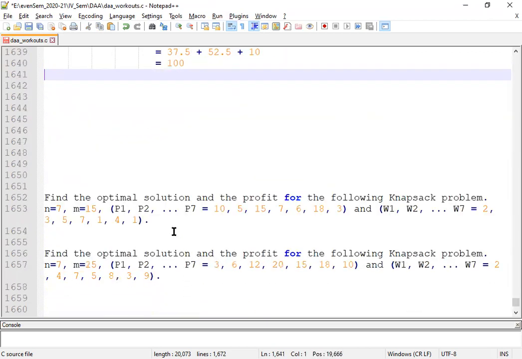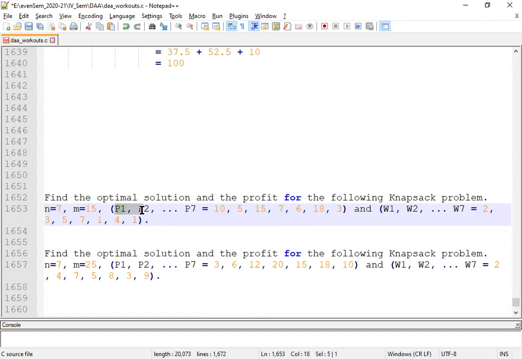Two more problems I will give you, students. These problems you can solve at home as a home assignment. Find the optimal solution and the profit for the following knapsack problem. In this, the total number of objects is 7 and the size of the knapsack is 15.